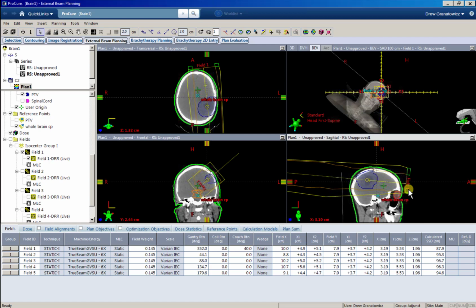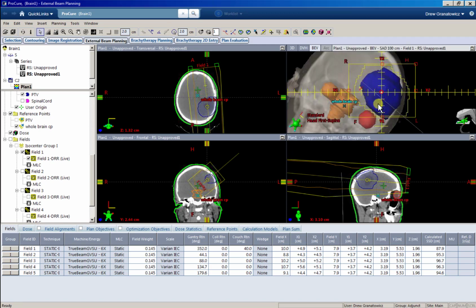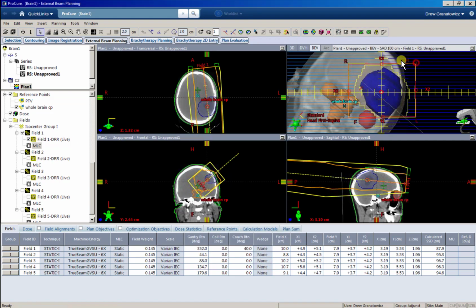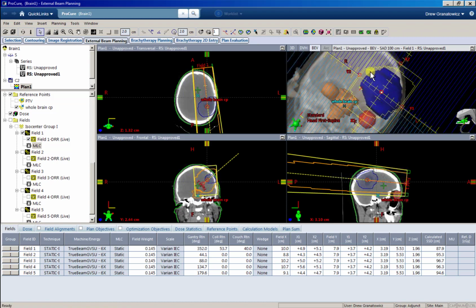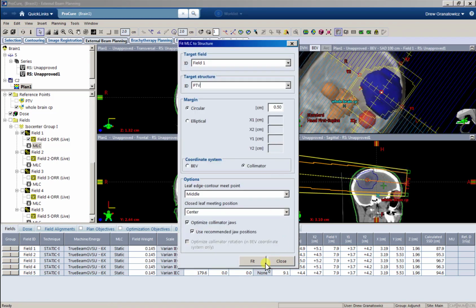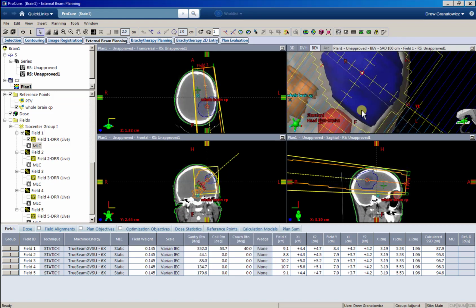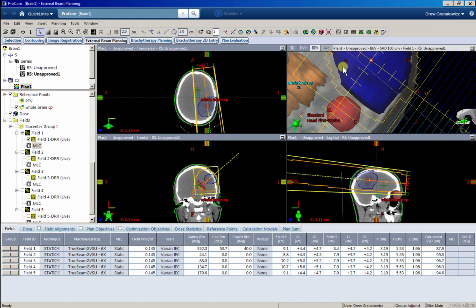So if we rotate the couch so that we're coming a little bit lower there, that might help us out. You want to make sure you stay off the eyes or any of those critical OARs. In general, you want to try to not enter through the eyes or exit through the eyes. If you can avoid entrance and exit through the entire face, that's best.